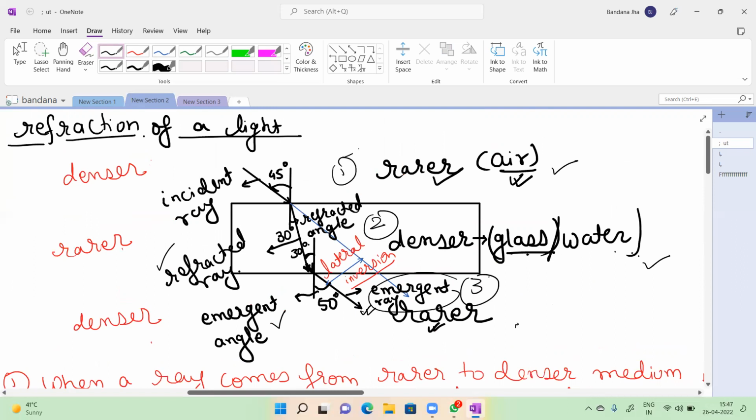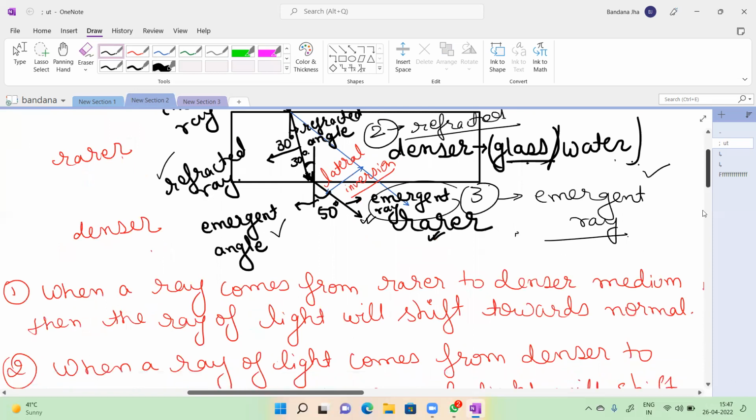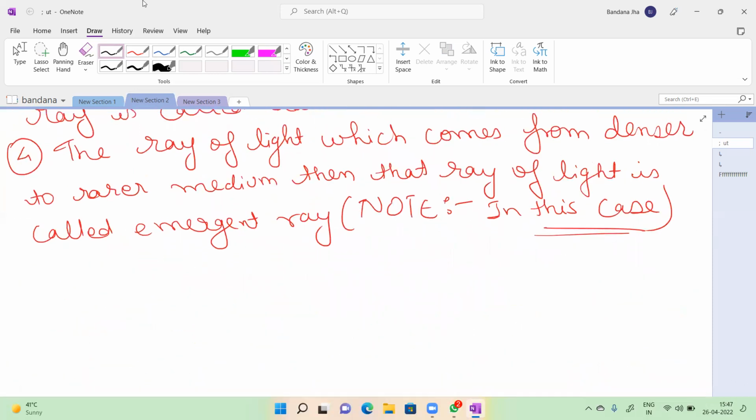The first party has the incident ray. The second party has the refracted ray. And the third party has the emergent ray. Clear? Yes, ma'am. Fine.